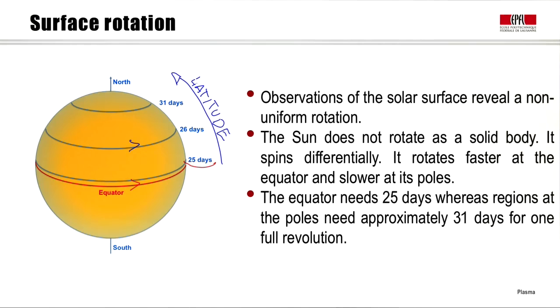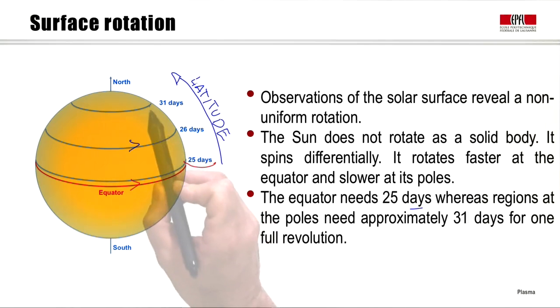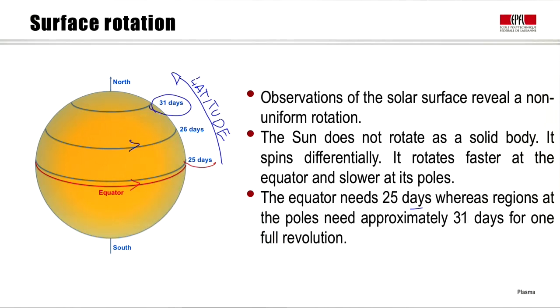While the equator needs approximately 25 days for a full revolution, the regions near the poles need about 31 days. This observation shouldn't come as a surprise, since the Sun is not a solid body like Earth, but is instead a huge sphere of plasma, and different parts of it can rotate at different speeds.